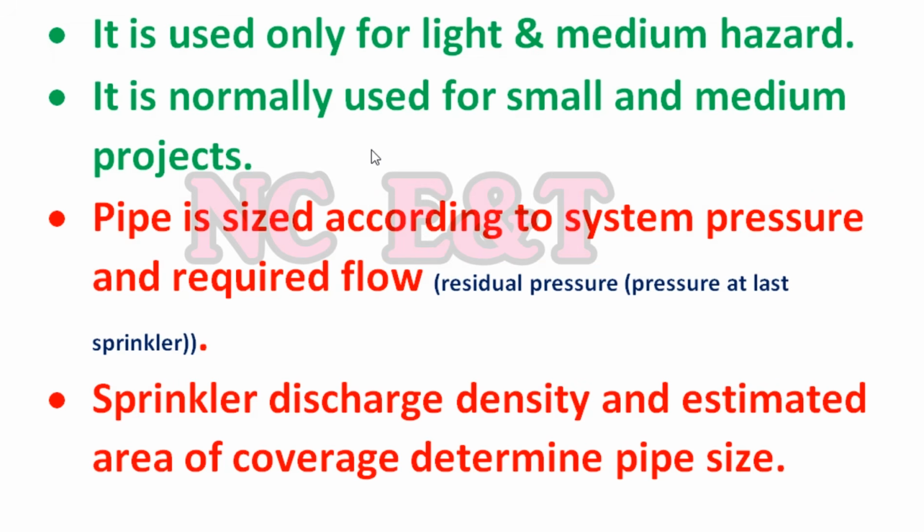The pipe schedule method is used only for light and medium hazard, and it is normally used for small and medium projects. In this method, pipe is sized according to system pressure and required flow. In this system, we consider the residual pressure, that is the pressure at the last sprinkler, and sprinkler discharge density and estimated area of coverage determine pipe size.